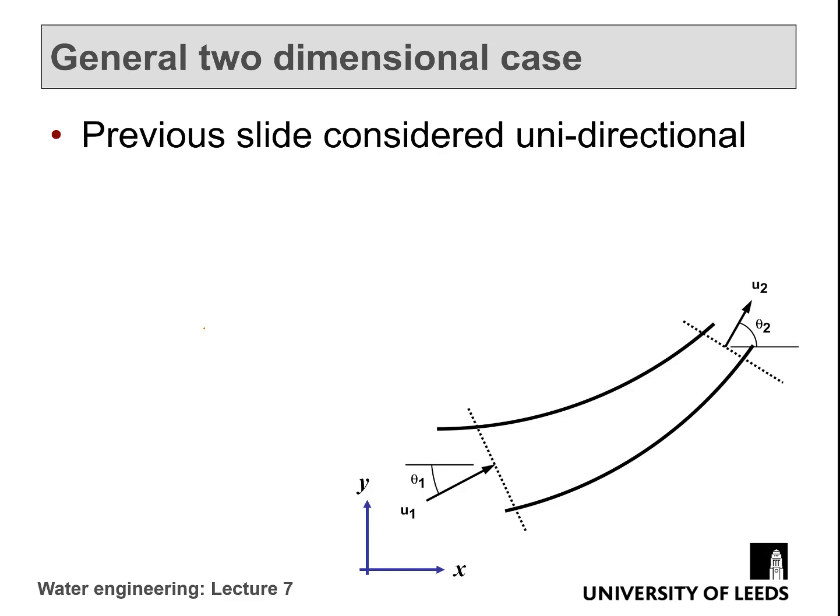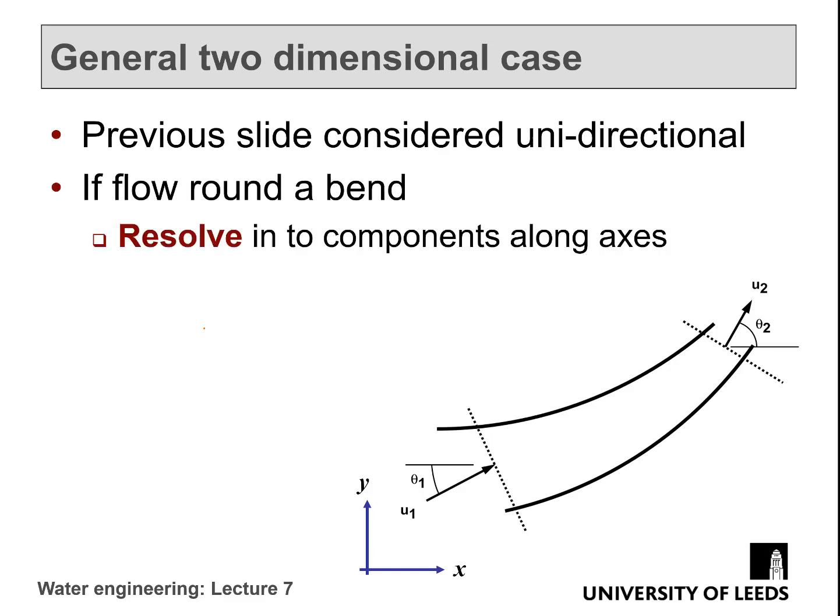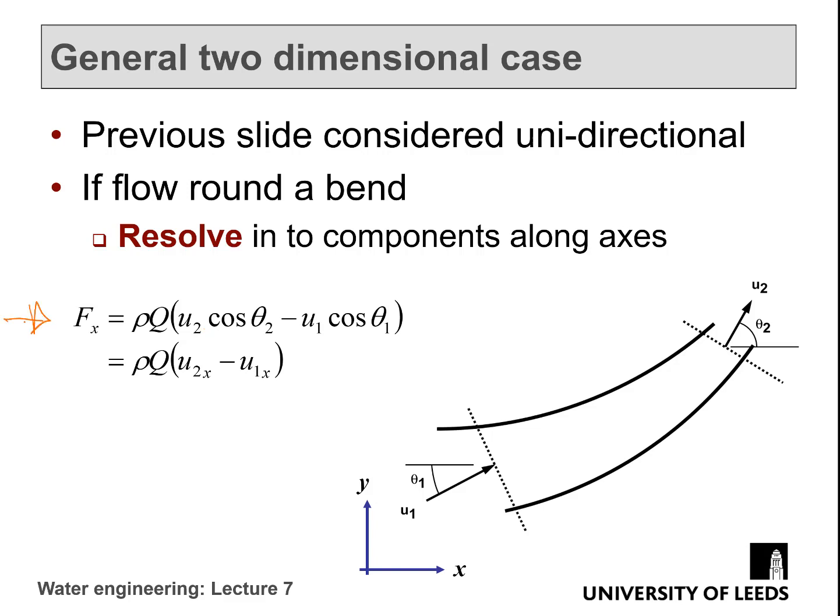Here's the general 2-dimensional case. What we do is resolve into the components, so x, y and z. We'll just look at x and y, x being horizontal, y being vertical in this diagram. We resolve the velocities in the x direction, then we get the force in the x direction. So here is our momentum equation: rho Q (U2 cos theta 2 minus U1 cos theta 1), or we'll write that with a second subscript x.